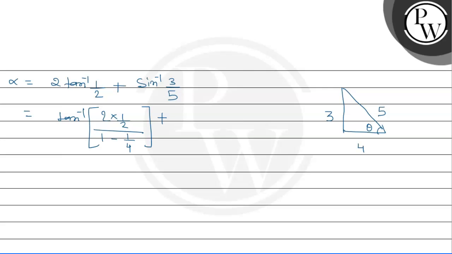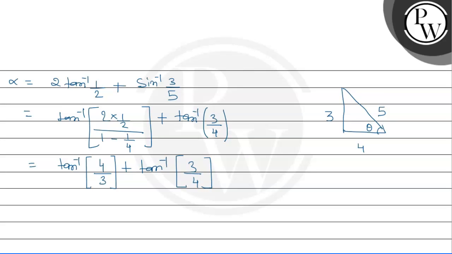Now here this will be tan inverse 3 by 4. Okay, now if I solve this, then this will be tan inverse 4 by 3 plus tan inverse 3 by 4.